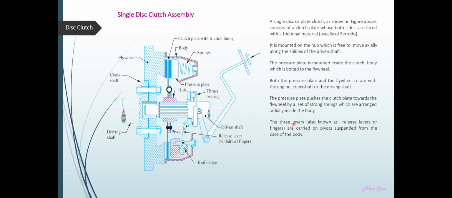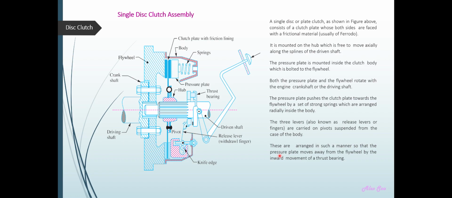Now, the three levers, also known as the release levers or fingers, are carried on pivots suspended from the case of the body. These are arranged in such a manner that the pressure plate can move away from the flywheel by the inward movement of the thrust bearing.